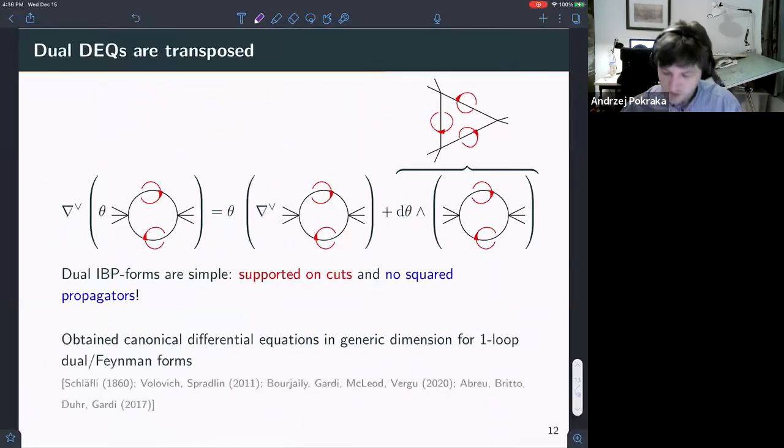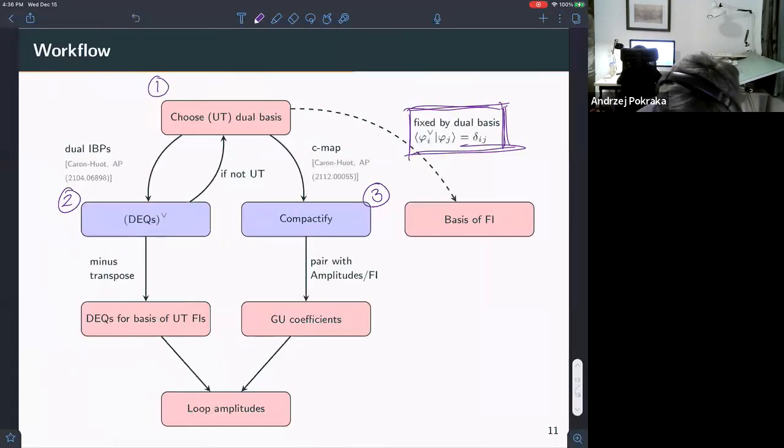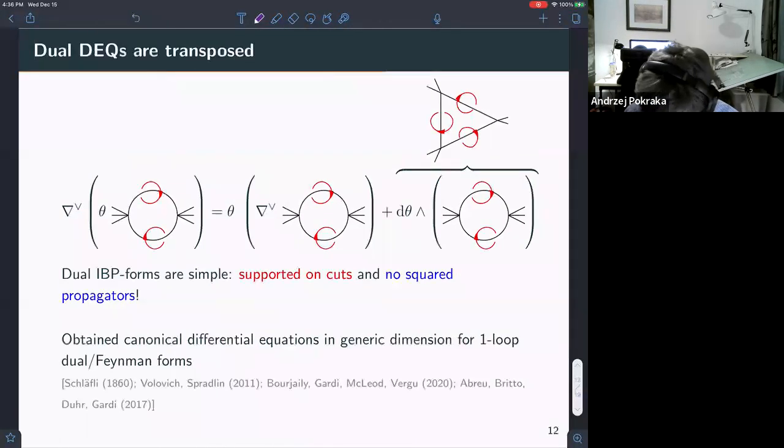So I want to just spend some time going over step 2 and step 3, and give a little bit more intuition for what's happening there. In particular, I want to illustrate why these dual differential equations are transposed instead of in the same direction as on the Feynman side.